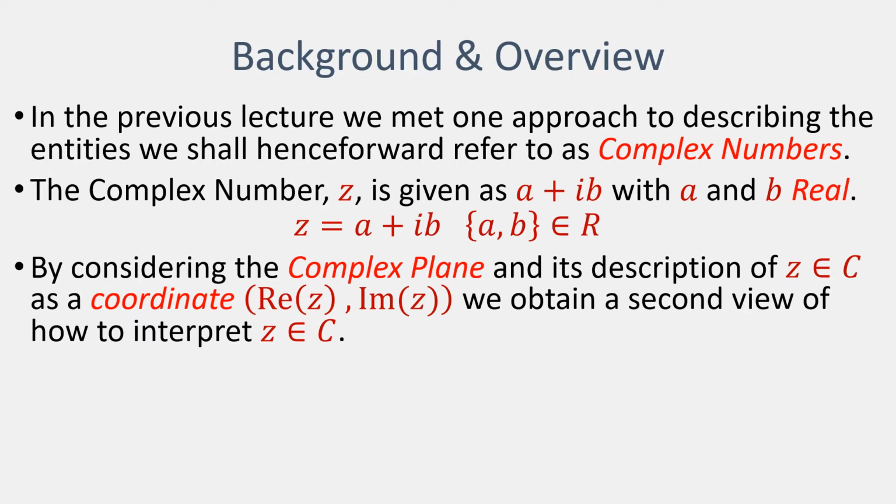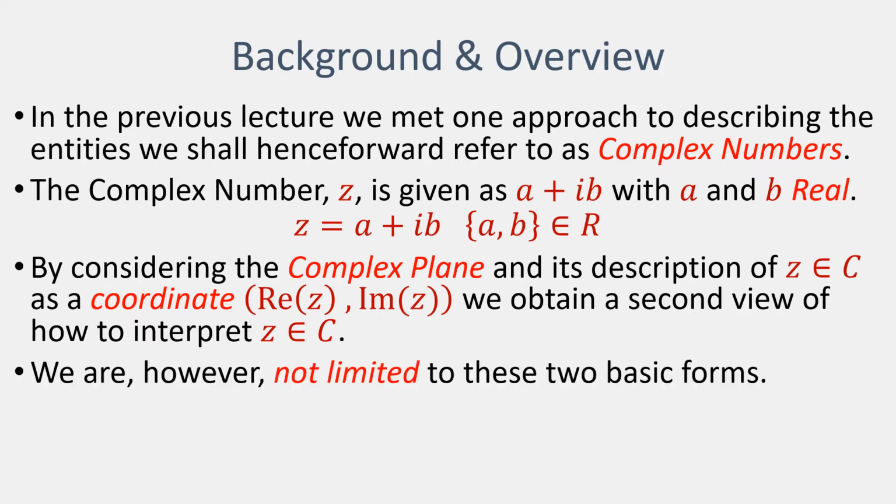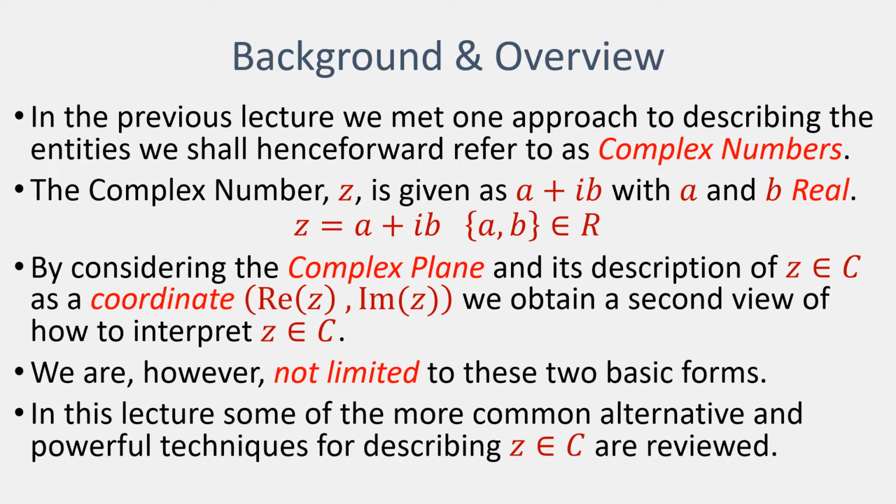And this view of the complex plane gives us another way by which we can interpret a complex number. It's just a coordinate in the complex plane. So these are two quite basic methods for thinking of complex numbers. We're not limited to those two forms only. So what I'm going to do in this lecture is look at some of the alternative methods that have been produced.